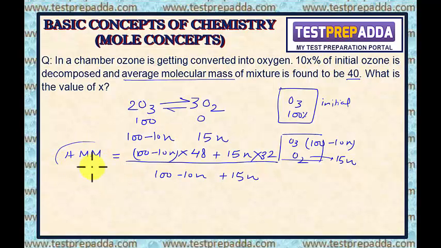This value is given as 40. If you equate the two and solve, the value of x comes as 4. So this question involves the concept of average molecular mass.